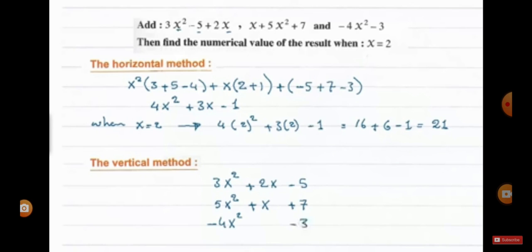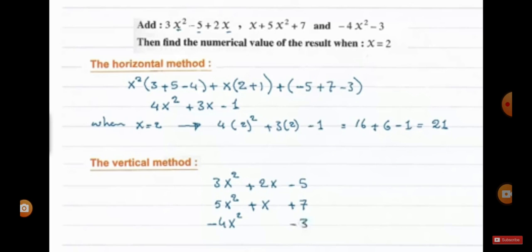Then when x equals 2, I substitute the value of x by 2, then I put 4 open brackets 2 power 2 plus 3 by brackets 2 minus 1. 2 power 2 equals 4, 4 times 4 equals 16, plus 2 times 3 equals 6, minus 1 equals 21.